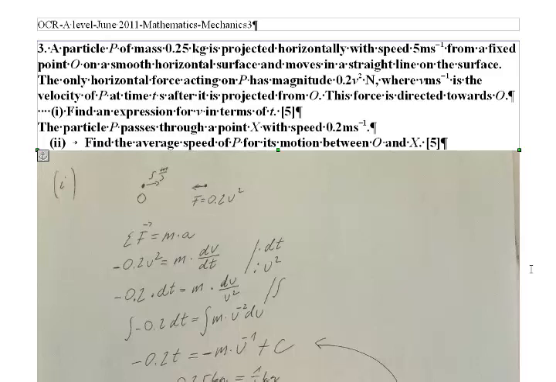This force is directed towards O. Find an expression for v in terms of t.